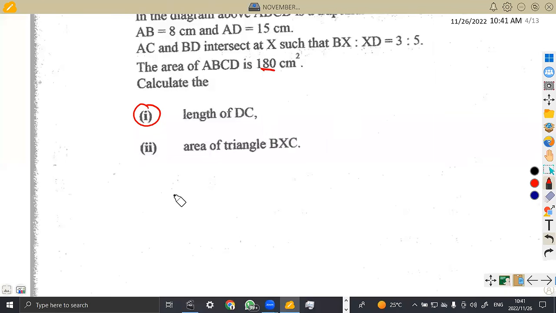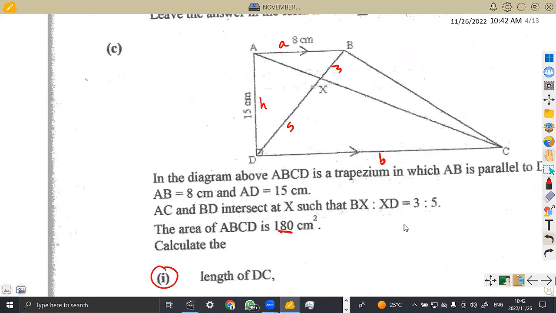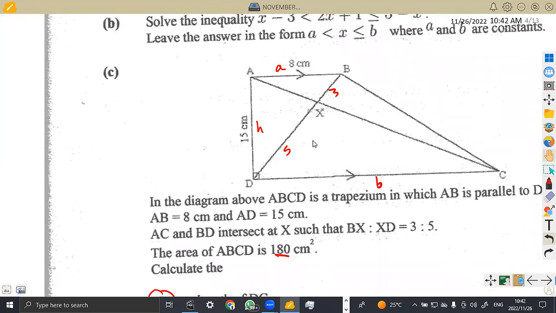From the area of a trapezium, we know that the area is given by half the sum of the parallel sides, a plus b, times the perpendicular height. The parallel sides we are referring to are AB, which is this one, and DC.